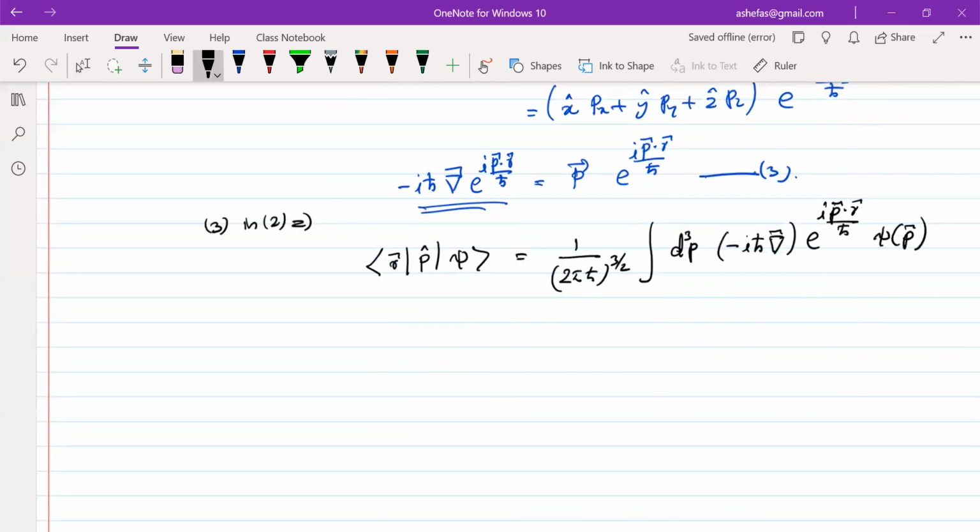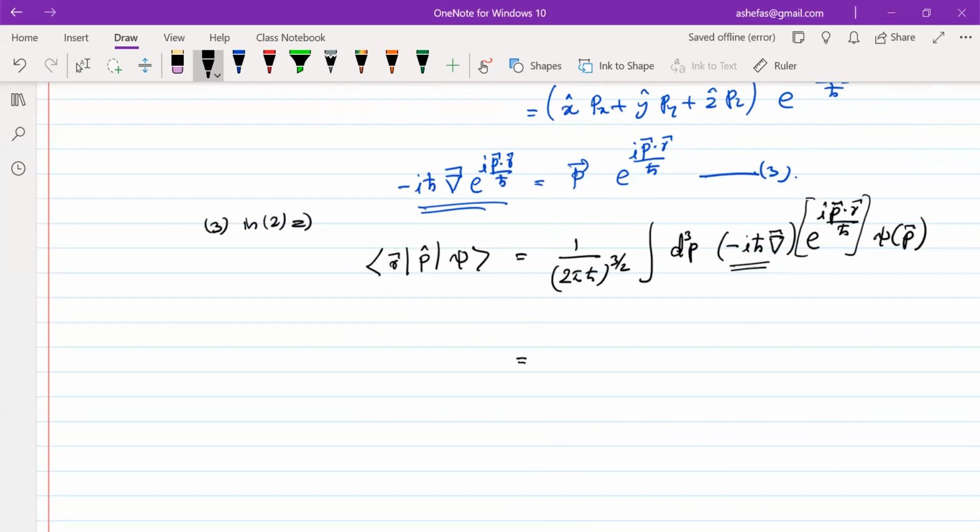Okay, so this minus iℏ del, this del is the gradient with respect to the position coordinate. Since it is a partial derivative with respect to the position coordinate, we can treat all momenta as constant for that particular operation. So it is possible to keep this minus iℏ del outside the integration, because inside the integration only this quantity has the position coordinate.